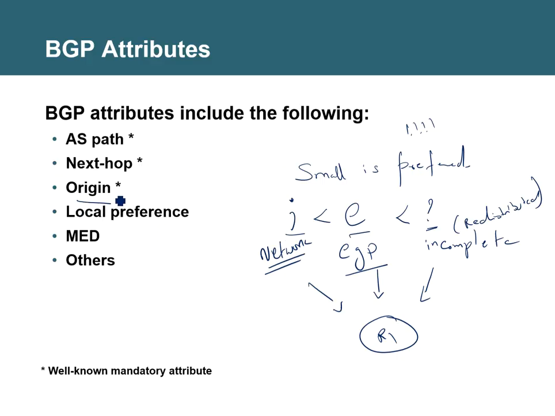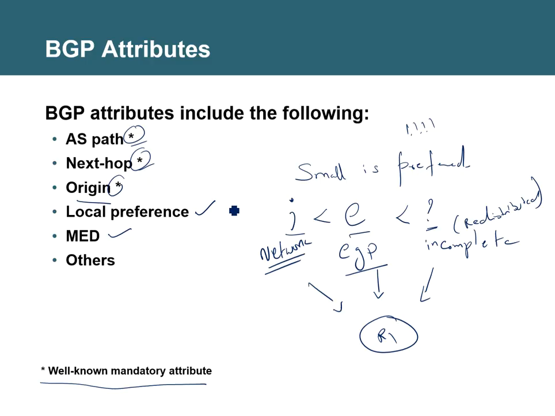Origin, next hop, and AS path: these three have got a star. Star means well-known mandatory. As I said, local preference is well-known. Even MED is well-known.